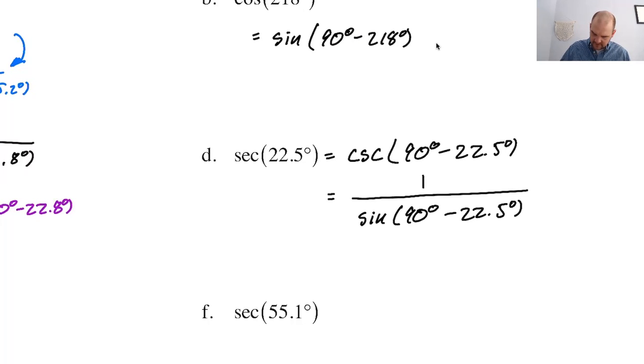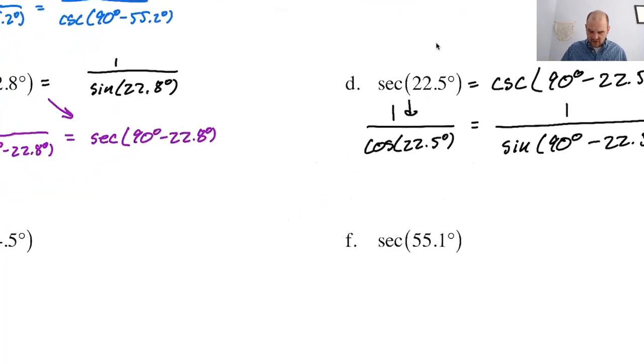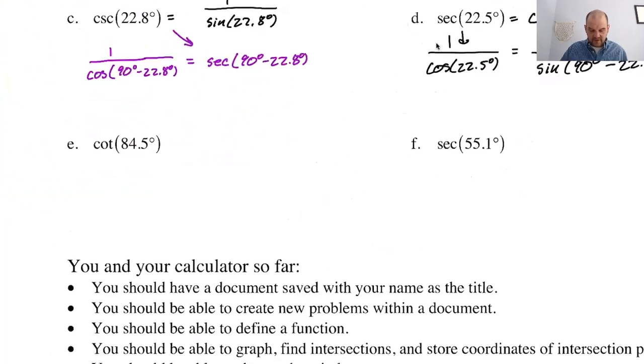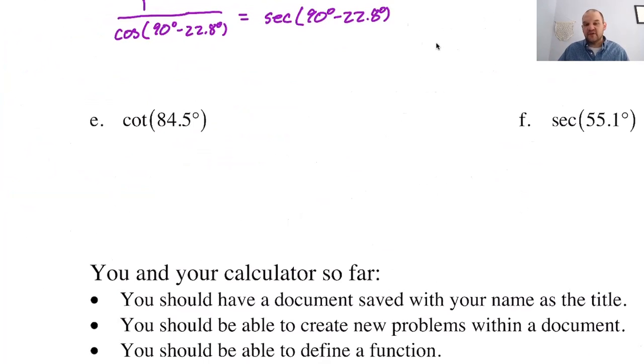That's one option. The other option is to say that this was 1 over the cosine of 22.5. Either way you end up in the same place, and you should think about all of the options, because these cofunction identities, if you look for them, are everywhere. If you don't look for them, you're never going to see them. But you've got to get used to looking for them.